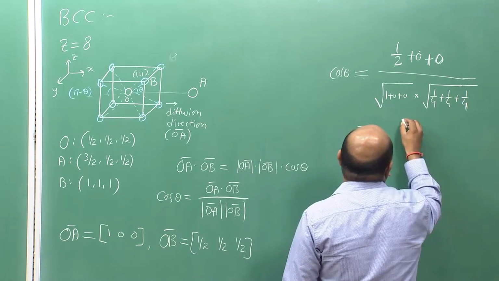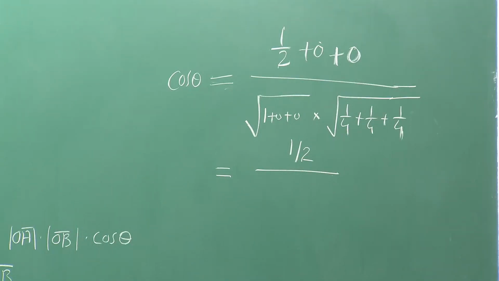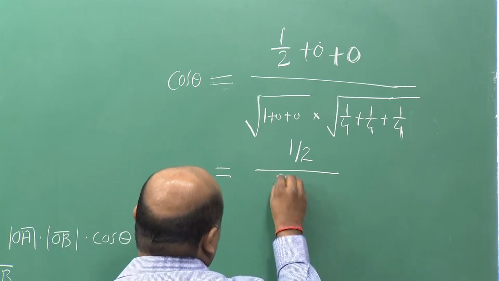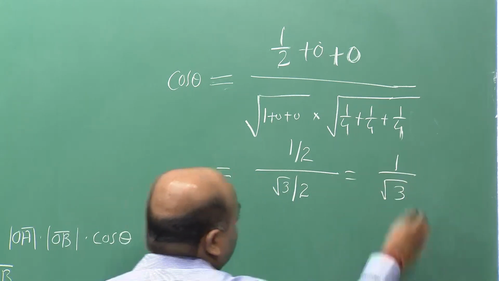So, this should be 1/2 divided by root 3 by 4, root 4 is 2. So, root 3 by 2 should be equal to 1 by root 3.